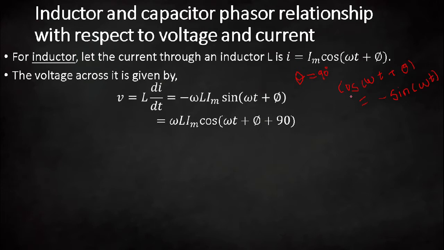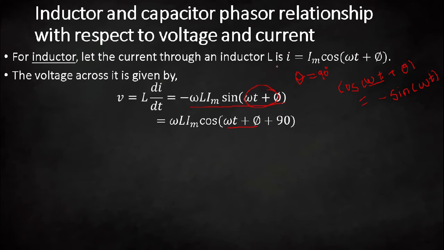That we know. So now just apply this here. Where we have minus sin, it will be cos(omega t plus 90 degrees). Here the angle is omega t only, here omega t plus phi. So you can easily convert it to omega L Im cos. The minus sign becomes plus, because in cos(omega t plus 90) there is no negative sign. It will be cos(omega t plus phi plus 90).